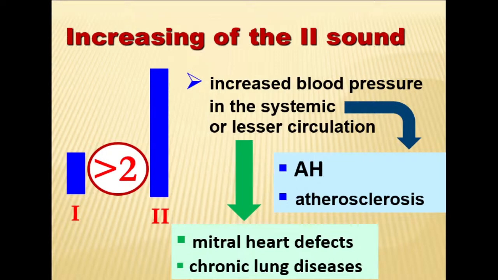To intensify this process, pressure in the lesser circulation compensatorily increases. Second sound increases due to increased pressure in the greater circulation, when it is intensified over the aorta, or the lesser circulation, when it is intensified over the pulmonary trunk.